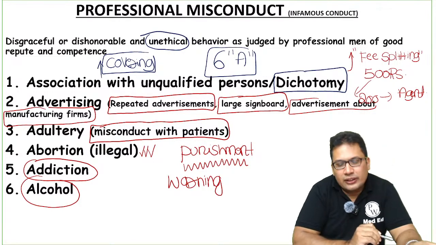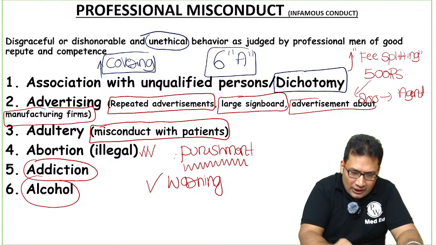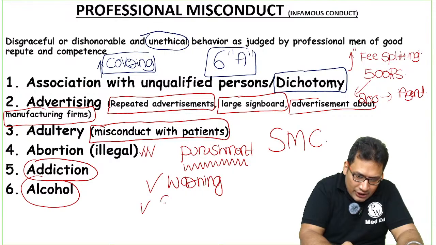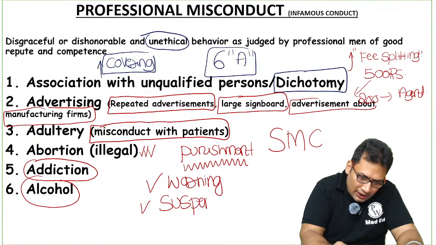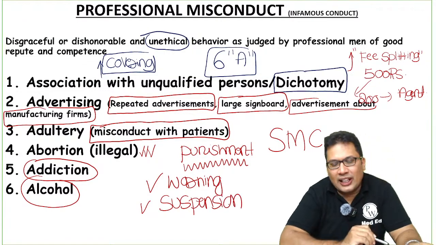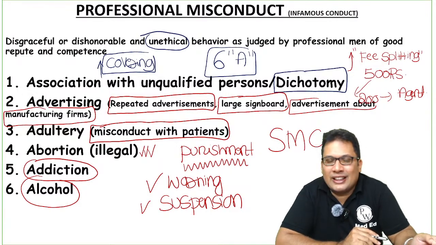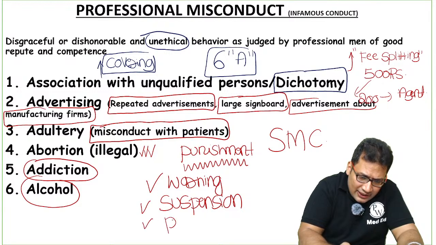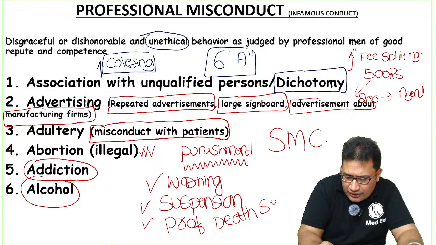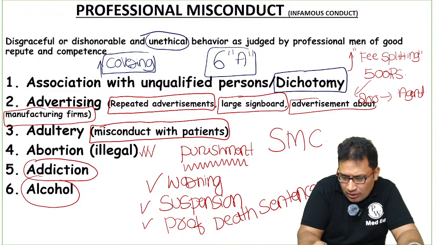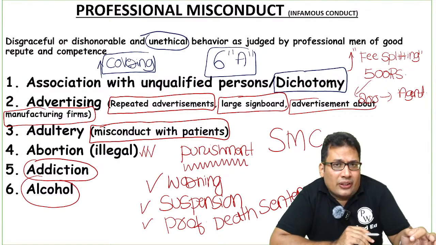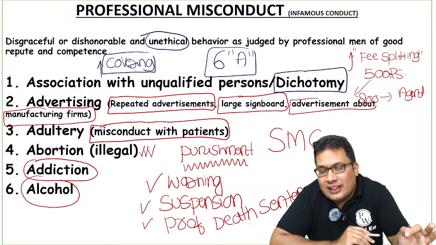The warning can be given by State Medical Council, SMC, or it can be suspension of the license, basically suspension of the license for a particular period, maybe 6 months or 1 year, temporary suspension, or it can be professional death sentence, that is permanent erasure of name of doctor from the medical register, that is known as professional death sentence.